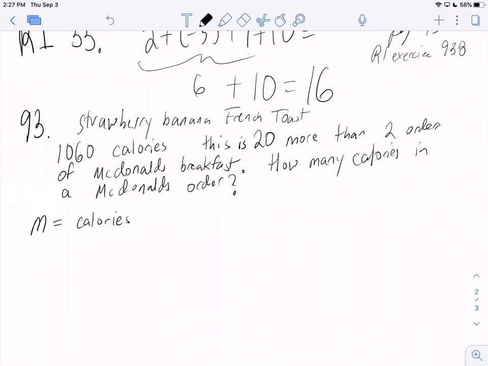For example, if we're doing something about the price of a pancake, we might have a problem that involves the quantity of hotcakes that we sell, and also the price of each hotcake. So just be very specific. So M is the calories in a McDonald's hotcake order.